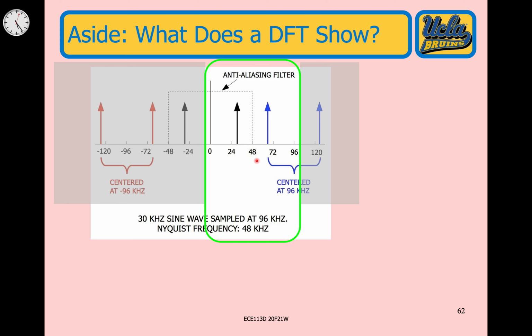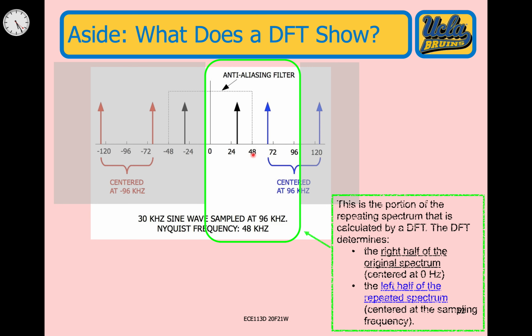That's what you see when you do your DFT calculation. It is a mirror image around the Nyquist frequency of 48 kilohertz, with 96,000 samples per second. And again, this is the portion of the repeating spectrum that is calculated by a DFT.